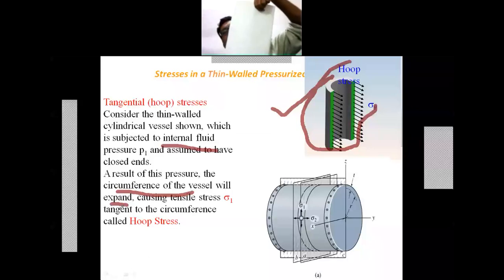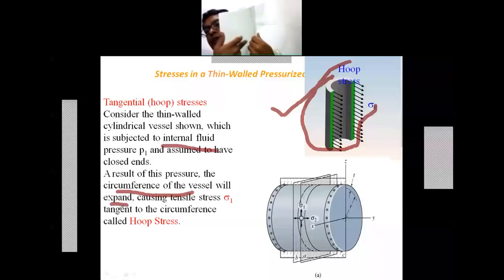When I am pulling like this, it will be considered as the longitudinal stresses. These are your longitudinal stresses. These are your circumferential stresses. Because I am having the internal pressure inside this. This internal pressure is going to give the stresses in this direction.